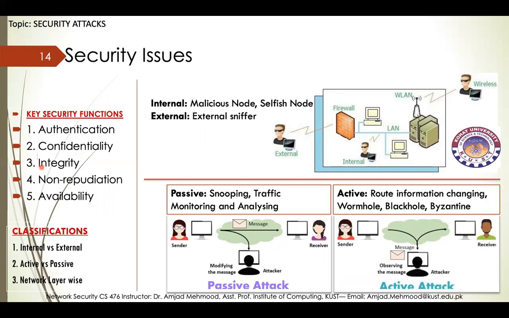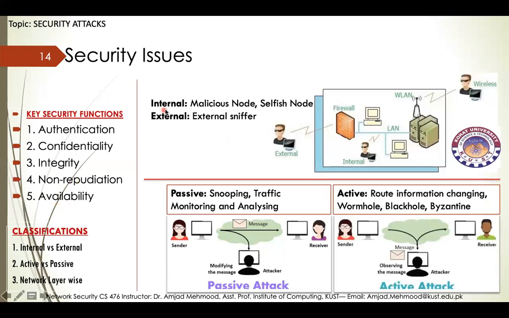And integrity means that no changes are being made while data is moving over the network. Non-repudiation, that the sender accepts that, okay, I have sent this information. And then availability, the service is available for the authorized user.